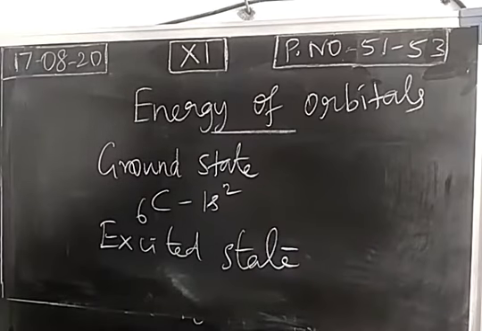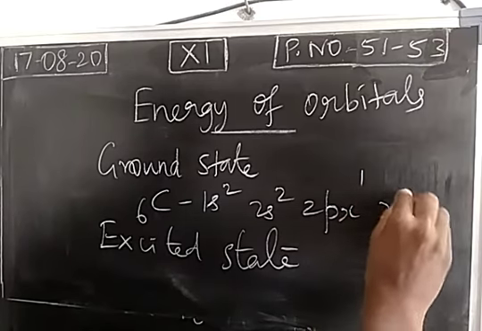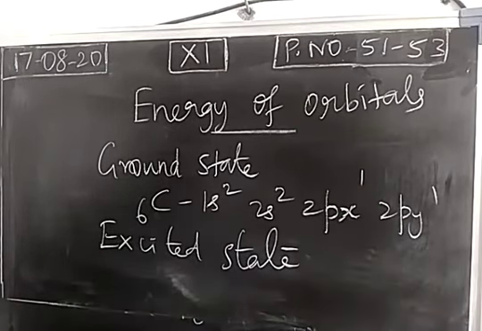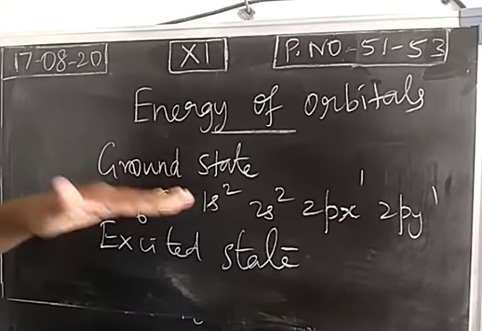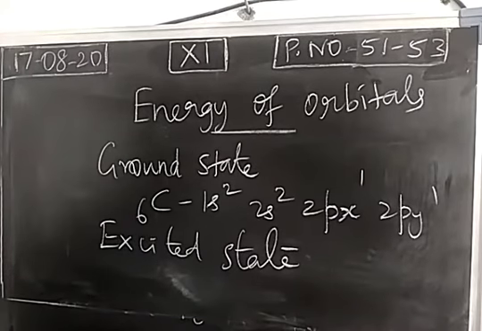Electronic configuration 1s2, 2s2, 2px1, 2py1. Right? So this is the electronic configuration of carbon. This electronic configuration is called the ground state electronic configuration. That means energy is very low. For the atom, the energy is low, so this is called the ground state.